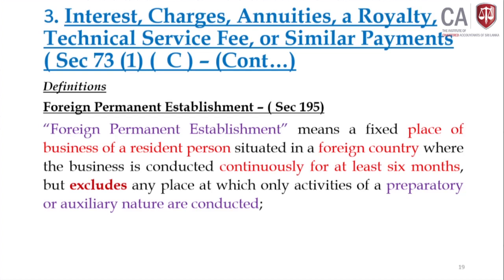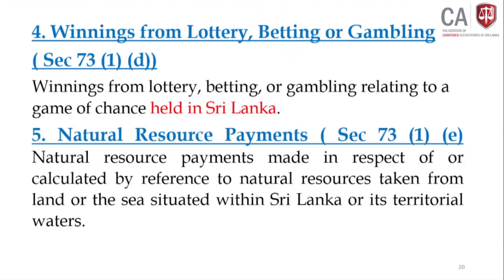Six months, but it excludes any place at which only activities of a preparatory or ancillary nature are conducted. Any place at which activities of preparatory and ancillary nature are conducted is excluded from the foreign permanent establishment definition. Clear? Now we all know the definitions for SLPE and foreign permanent establishment.